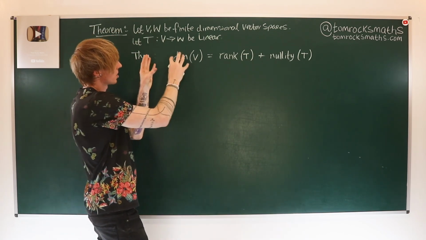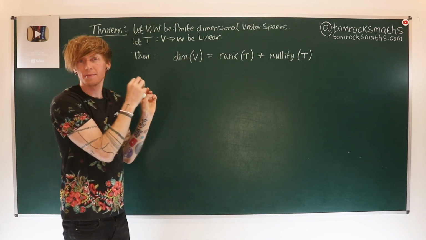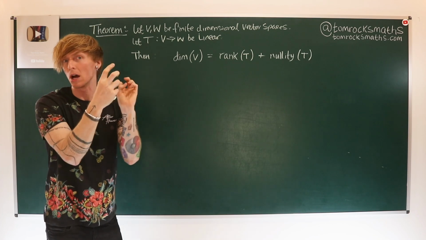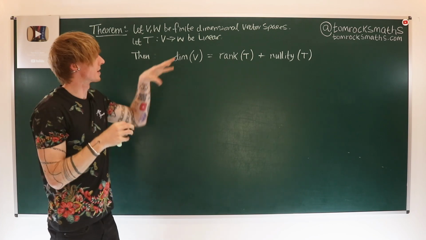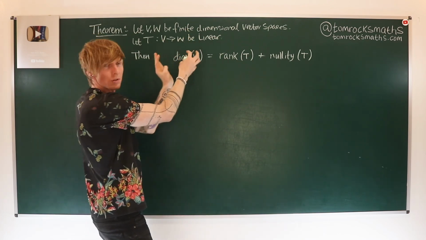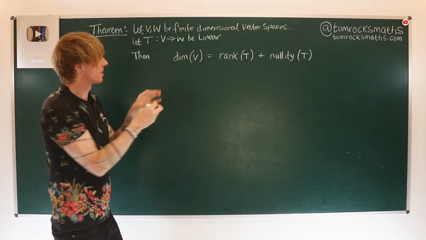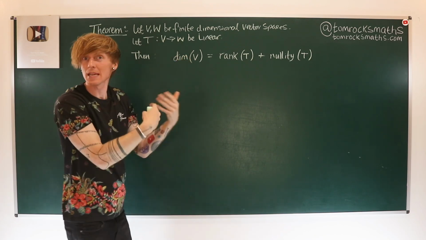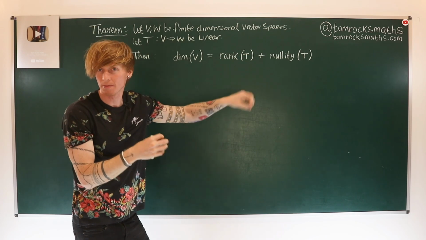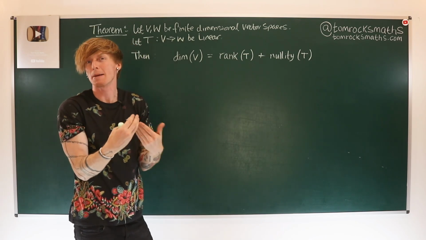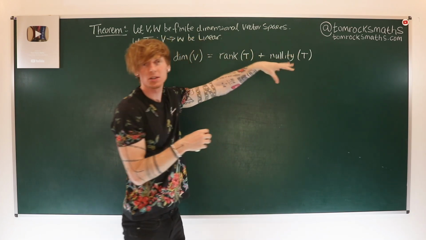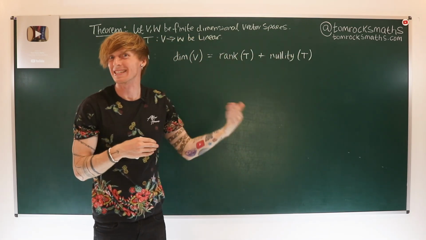The dimension of our starting space represents all of the little pieces, all of the building blocks, the basis vectors, that together make up our starting space. And we're saying if we were to count all of those building blocks, then the number has to be equal to all of the pieces that are in the image of a map, and remember, these maps are structure preserving, plus all of the pieces that are in the kernel, so all the pieces that are mapped to 0.